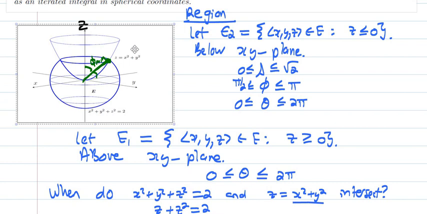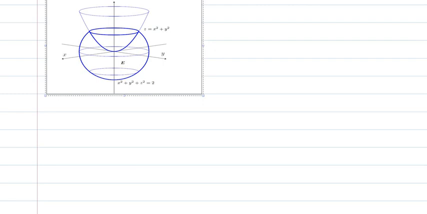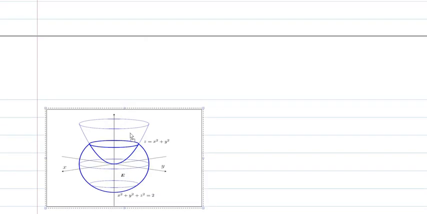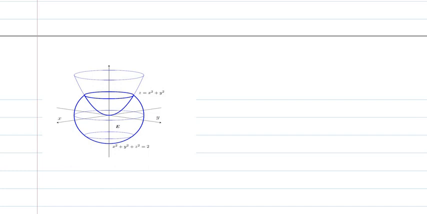I'm going to press Control C to copy this picture, and then Control V, pasting this picture to help me out, because now I know that if I draw a little ray, once I've picked a theta and a phi, I draw a little ray with that theta and phi, and you can see it starts on the paraboloid when z is equal to x squared plus y squared.